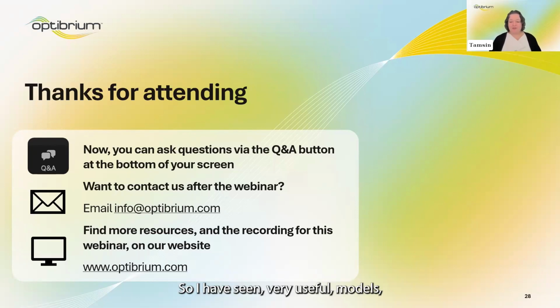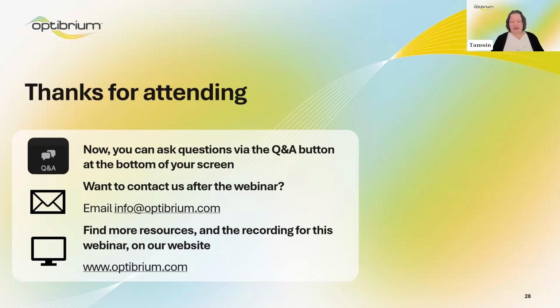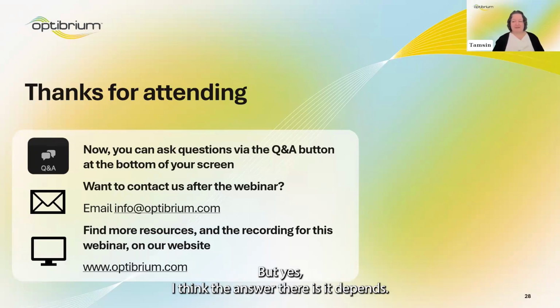I have seen very useful models, especially categorical models, built with fewer data points. If you've got good, clean data, that can be appropriate. I've seen models built with perhaps as few as 60 in the Auto Modeler. I know in our Sorella application, we will start to make predictions that use even less data than that. But yes, I think the answer there is it depends.